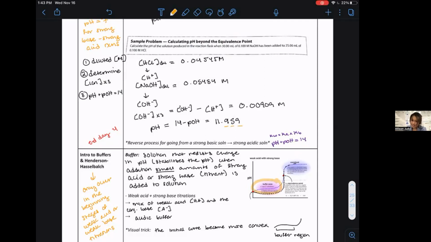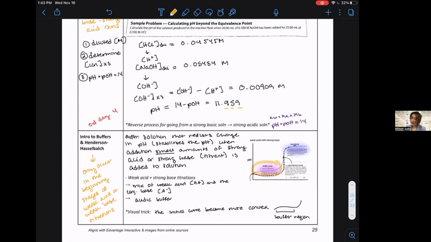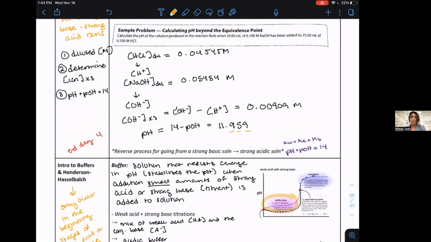And that is the end of titrations for strong acid, strong base. Please remember, if you are reversing the process, titrating a basic solution with acid, you would have to consider these relationships and you would just reverse everything. But that being said, what you should do now is you guys have a couple videos.